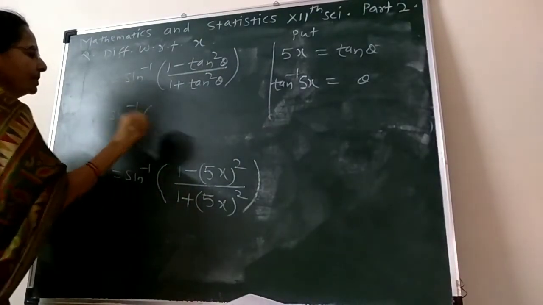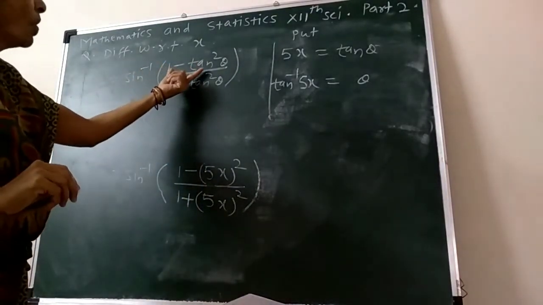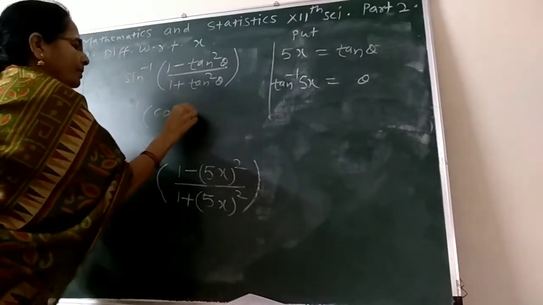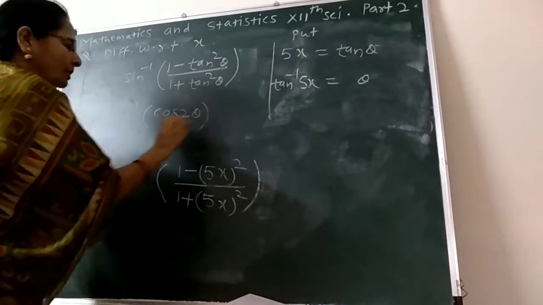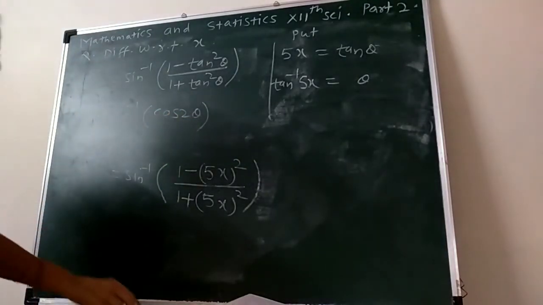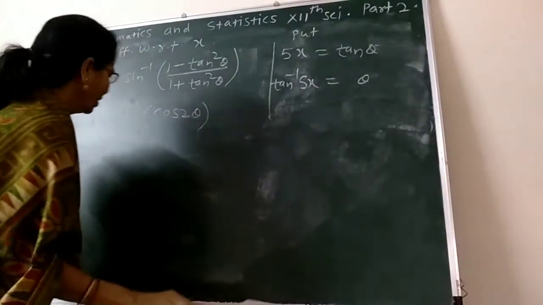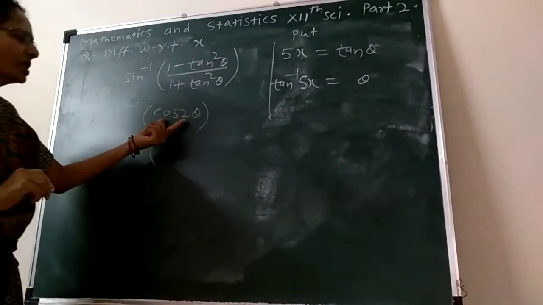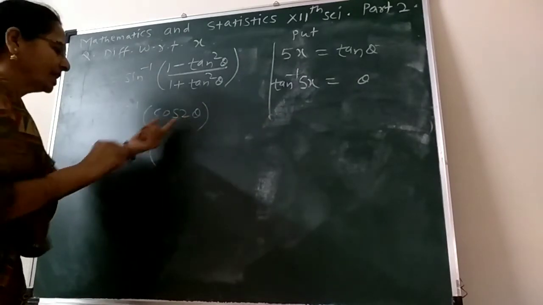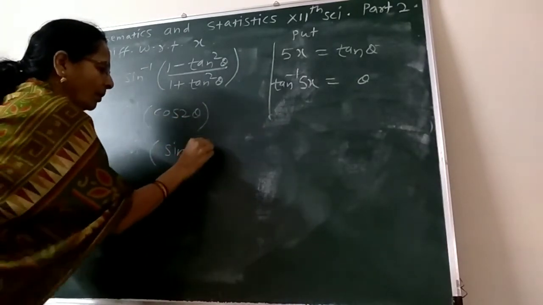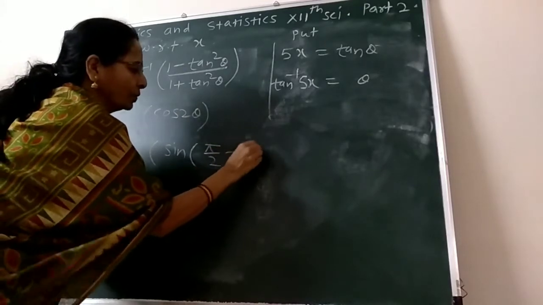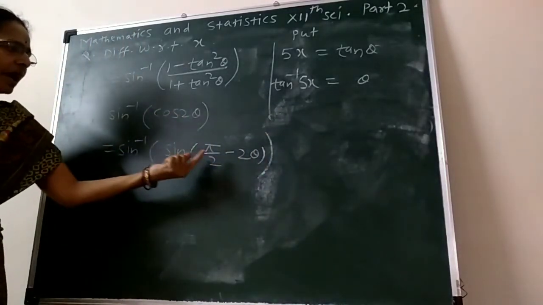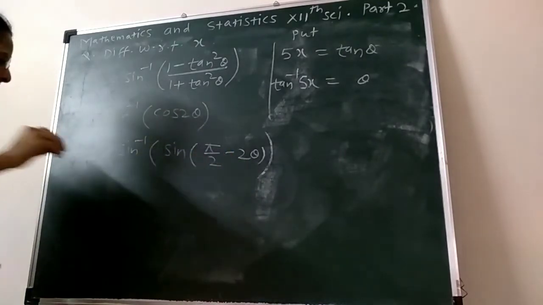This is the formula of cos 2 theta. Sin inverse of cos 2 theta, we write cos 2 theta as sin of pi by 2 minus 2 theta.